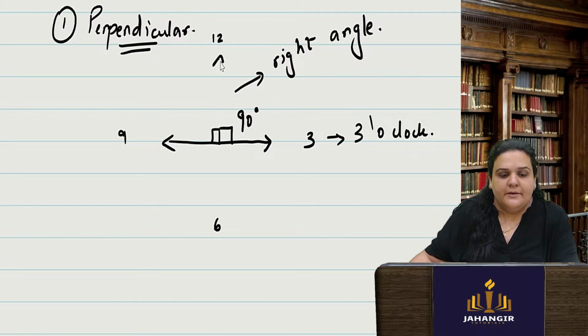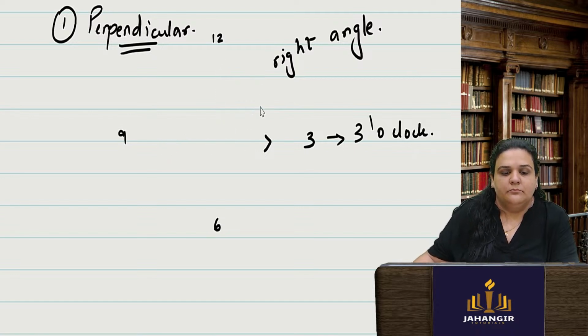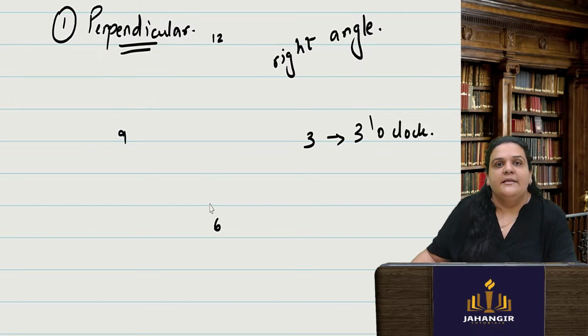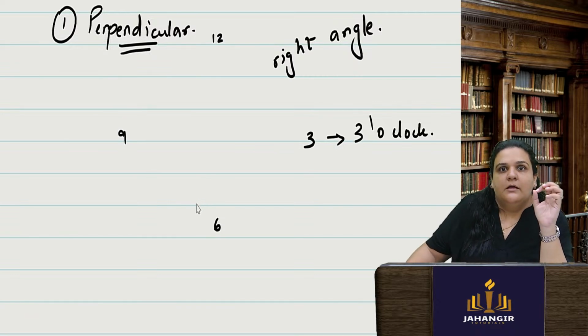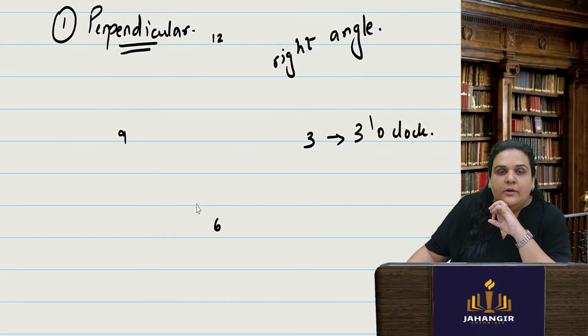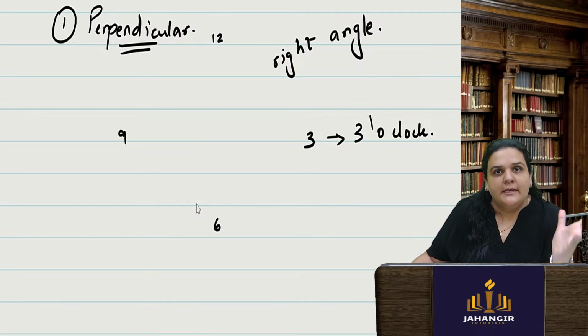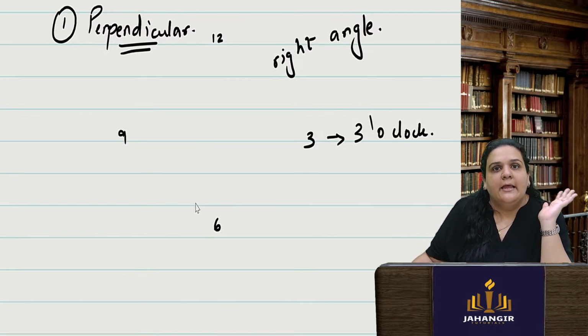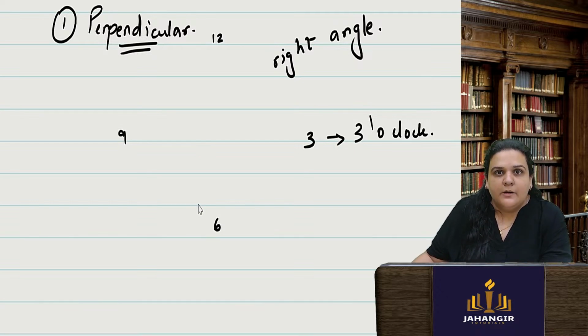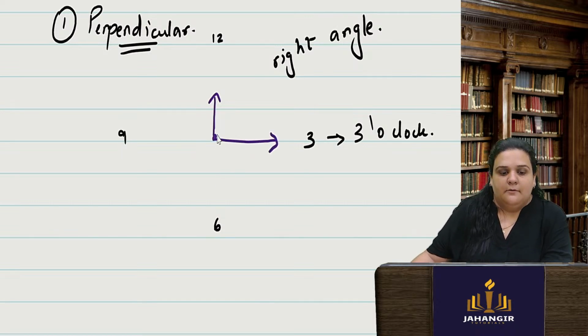Now say in an hour. I am erasing this. If I tell you between 12 and 1, how many times are the minute hand and the hour hand going to be perpendicular to each other? So this is the circumference. It is 12 o'clock. When it is 12:15, it is going to be perpendicular.